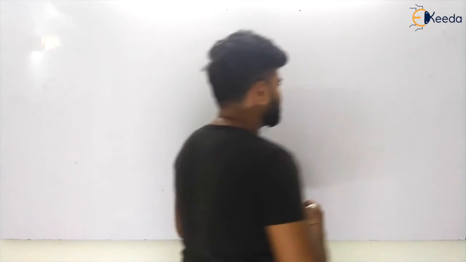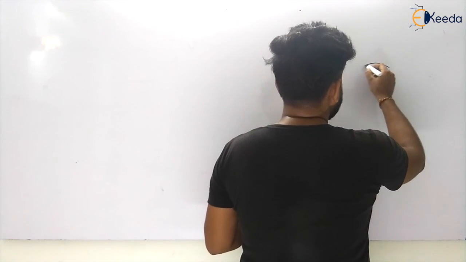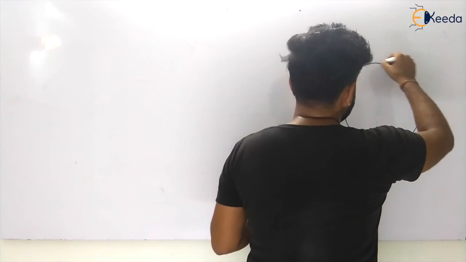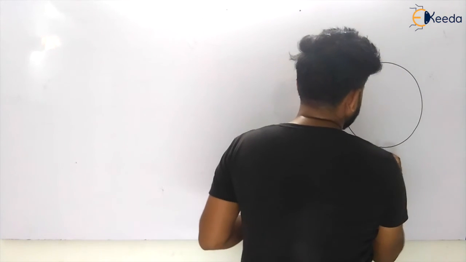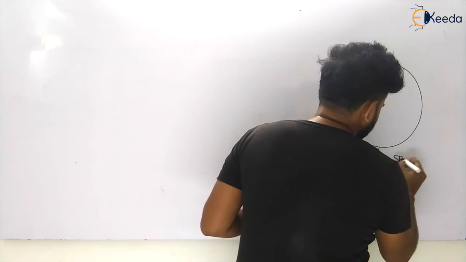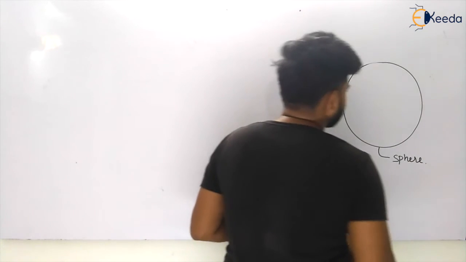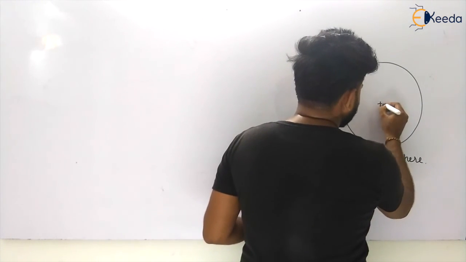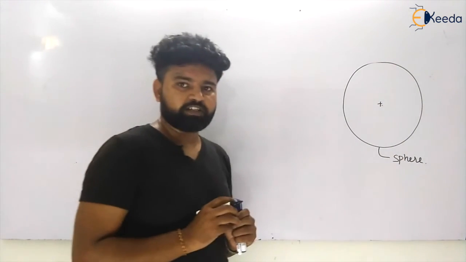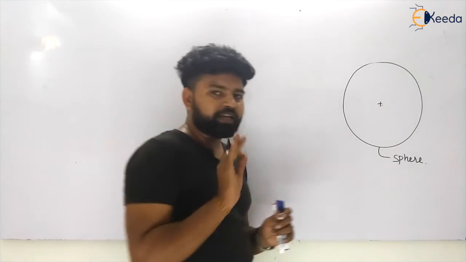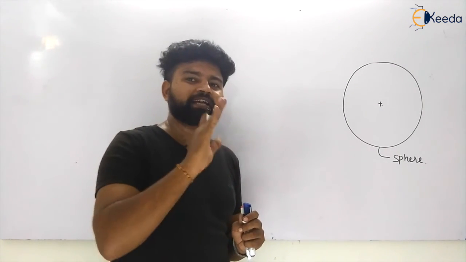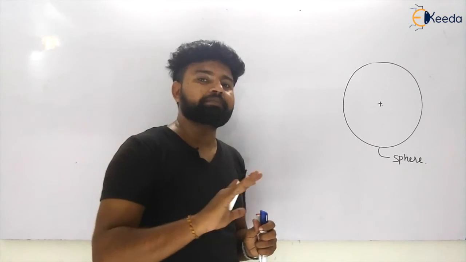Let us come to the board, my dear students. Let us say there is a sphere, okay. Now let us say this is your sphere. Now this is, let us say, the center of this sphere, okay. So what I am doing is I am taking an element.